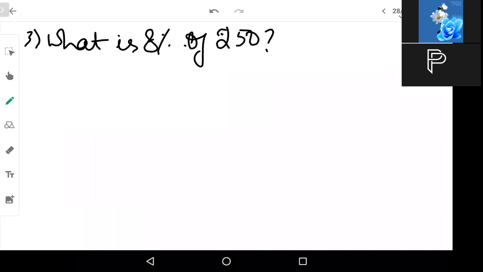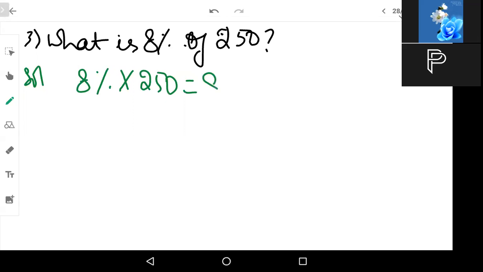Now find the answer for 8% of 250. 20. Good. 8 by 100 into 250 will give us 20.